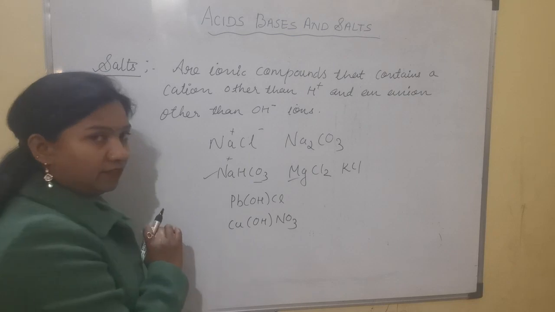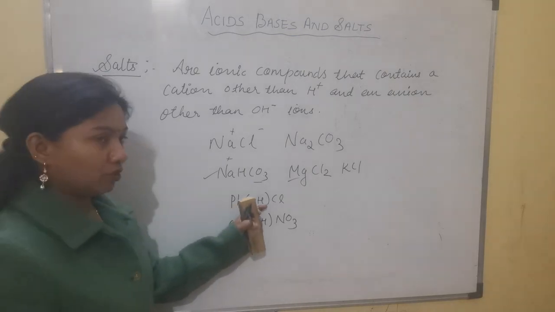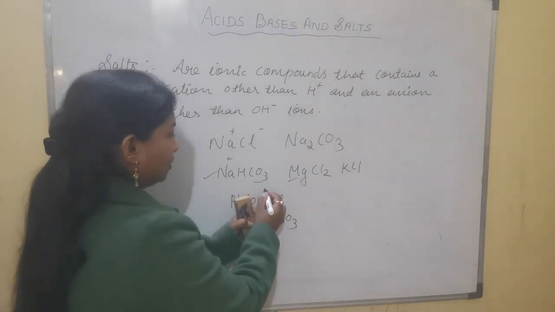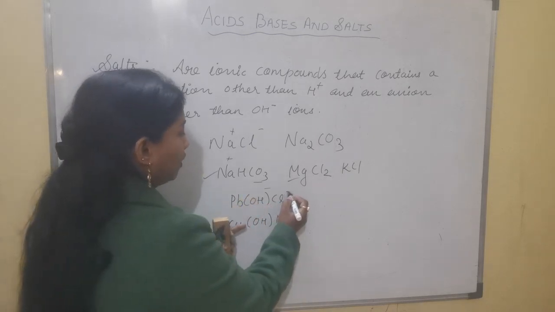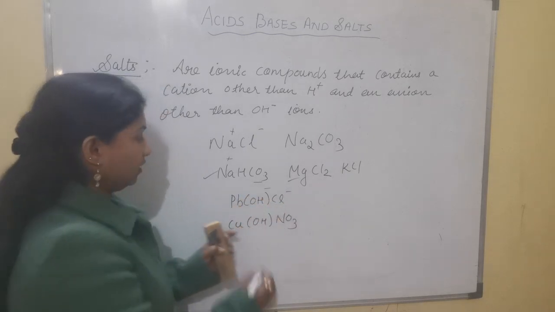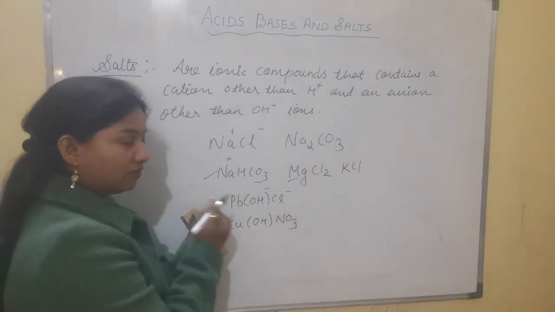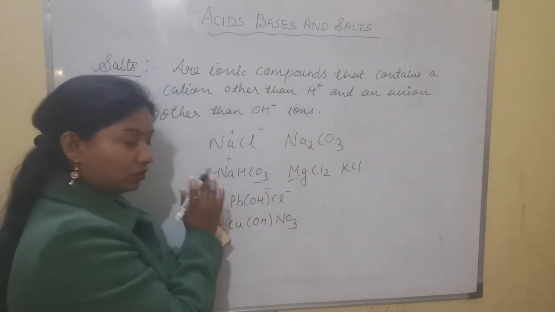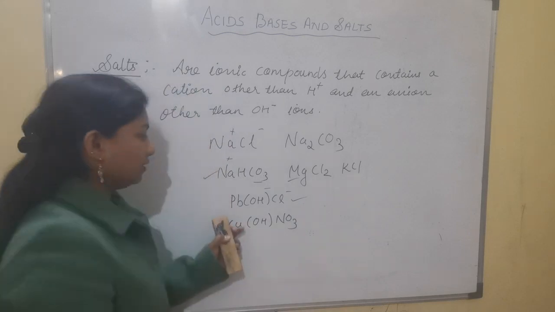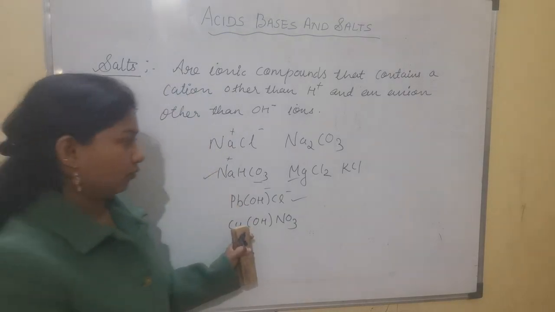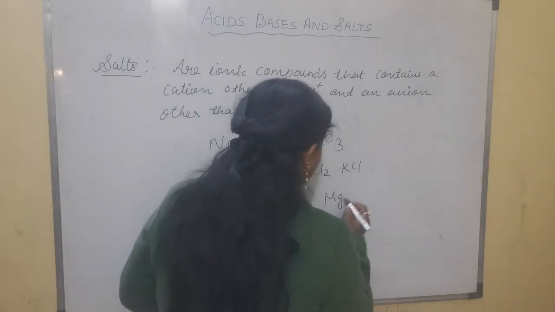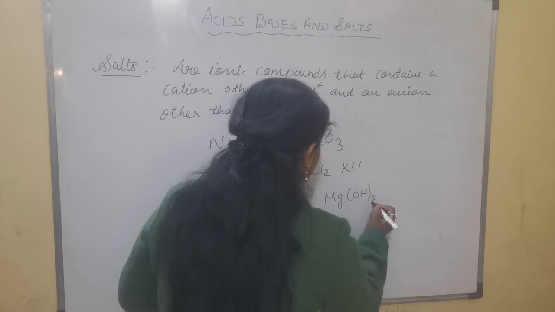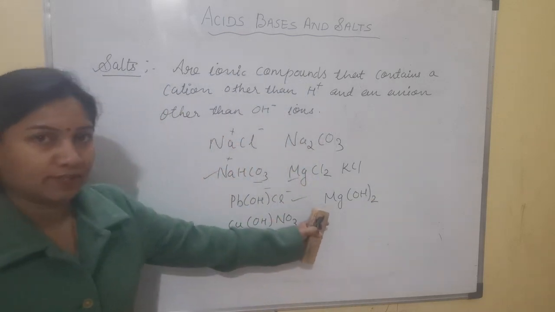What about this? It is having an OH group as one negative species. Apart from this, chloride is also present as a negative ion, and here lead is acting as a positive ion. So yes, this is also satisfying the definition. Yes, it is also a salt, and the same is the case with this also. What about this? Magnesium hydroxide. Is it a salt or a simple base?